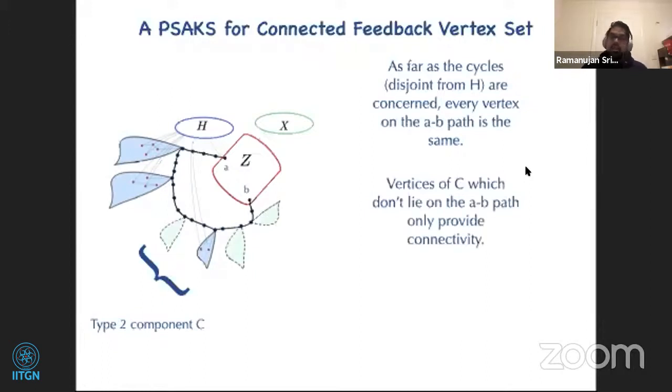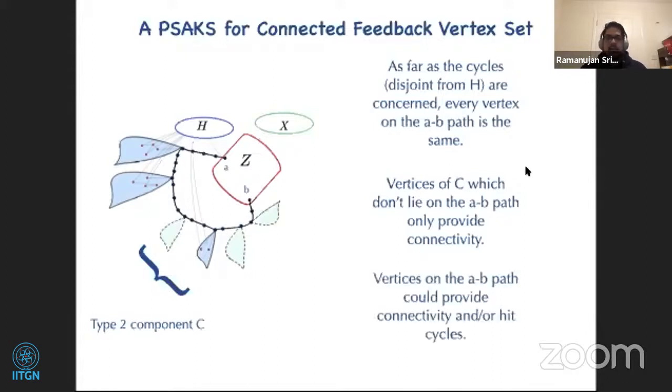So this brings us to the next observation, which is that if you look at the trees that are hanging from this path, they don't play any role in hitting cycles. They only play a role in providing connectivity. So in that sense, they are sort of like type 0, type 1 vertices all over again. Any cycle must pass through both A and B, so it must just go through this entire AB path.